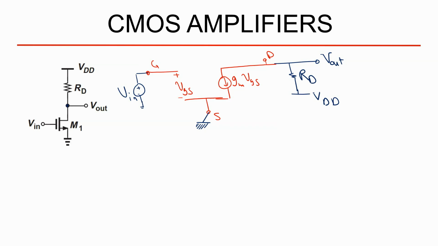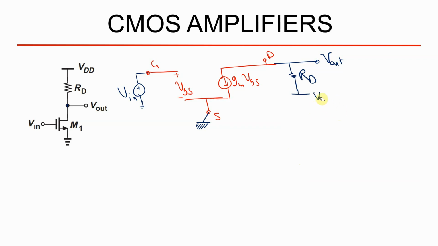This is a small signal model. So in small signal models, you have to be aware that you have to eliminate the DC voltages or DC currents of the device. So you have to short circuit the DC voltage and open circuit the current source.